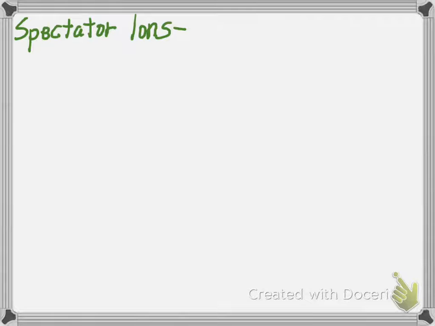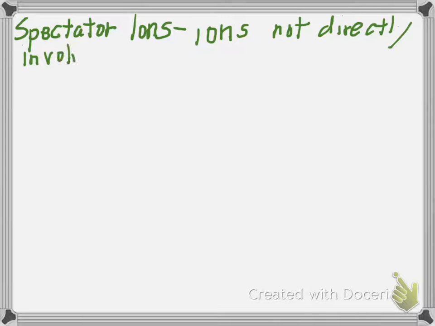Spectator ions are the same thing. Spectator ions are the ions not directly involved in a reaction. Now, how do we know that they're not directly involved in a reaction?